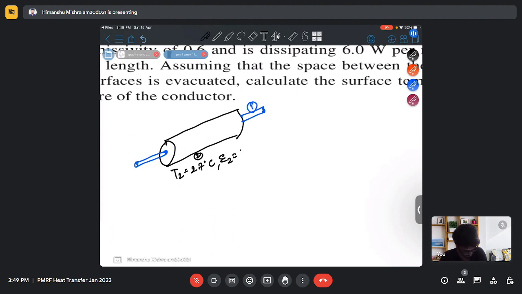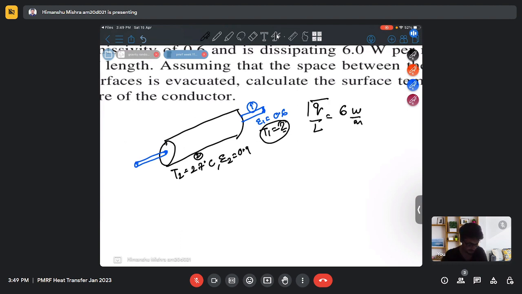The emissivity of the tube is 0.9 and the emissivity of the conductor is 0.6, and the temperature is not given. This is the unknown quantity, but the radiating heat transfer between the two surfaces per unit length is given, which is 6 watt per meter.